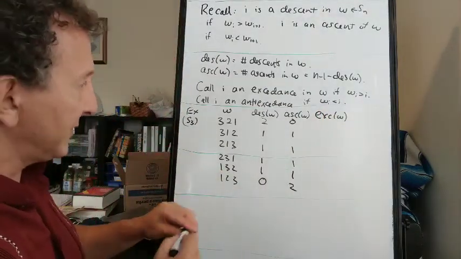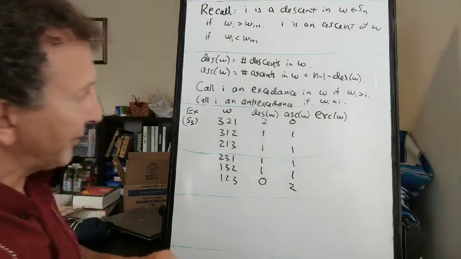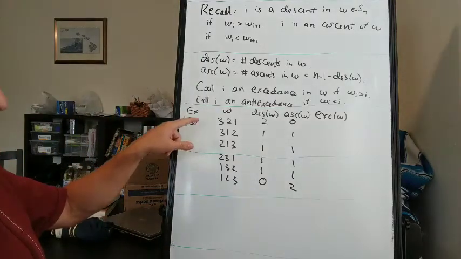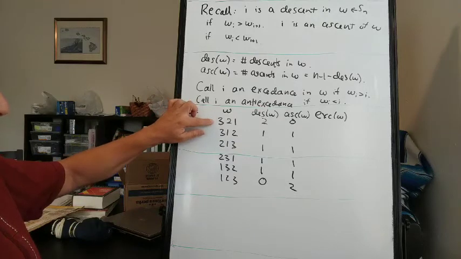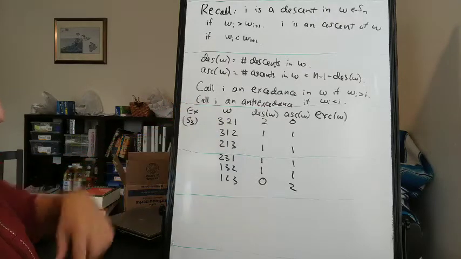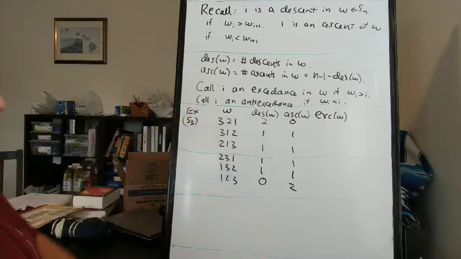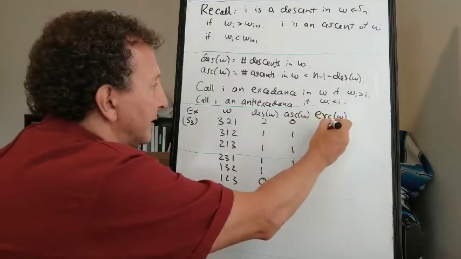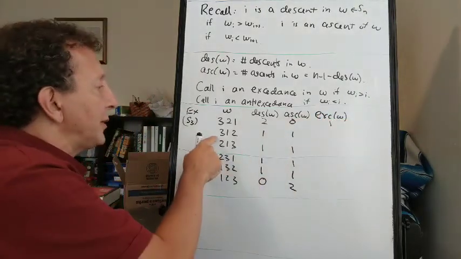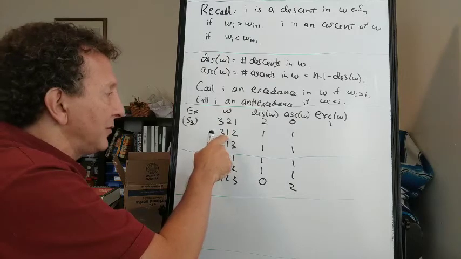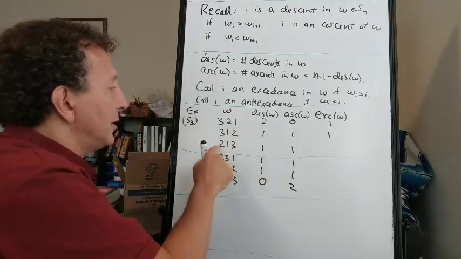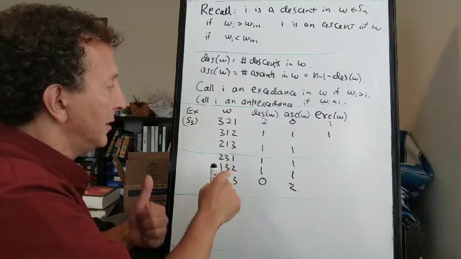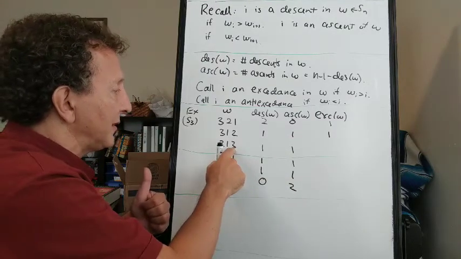The number of exceedances we can find by comparing the letter in position i to i itself. So we say is 3 bigger than 1, is 2 bigger than 2, is 1 bigger than 3. Well, 3 is bigger than 1, so we have 1 exceedance here. 3 is bigger than 1, 1 is not bigger than 2, 2 is not bigger than 3. Again, 1 exceedance. 2 is bigger than 1, 1 is not bigger than 2, 3 is not bigger than 3.